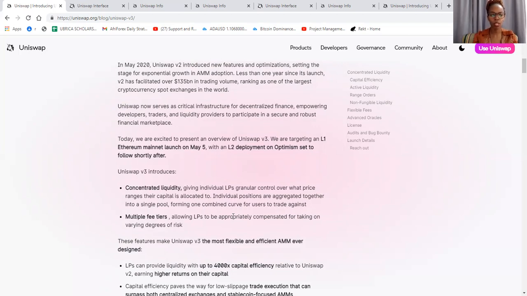For example, if today I wanted to provide liquidity for UBN between $1 and $2, that is the liquidity. So anyone who wants to buy UBN at that price range is going to swap those UBN from my liquidity pool, and I am going to earn fees from that swap, or from that buy of UBN.